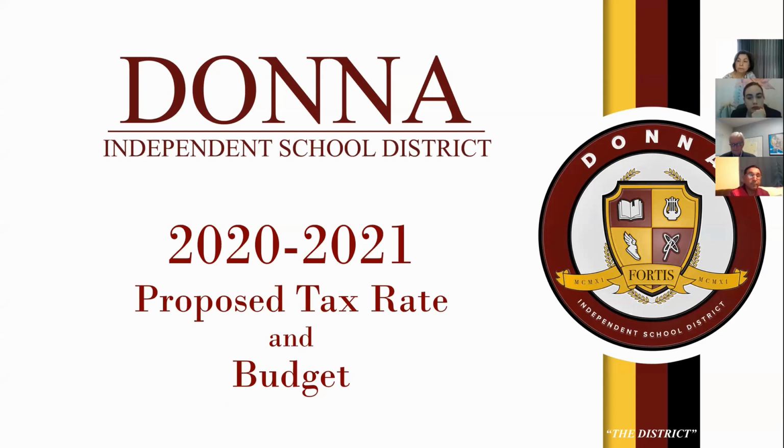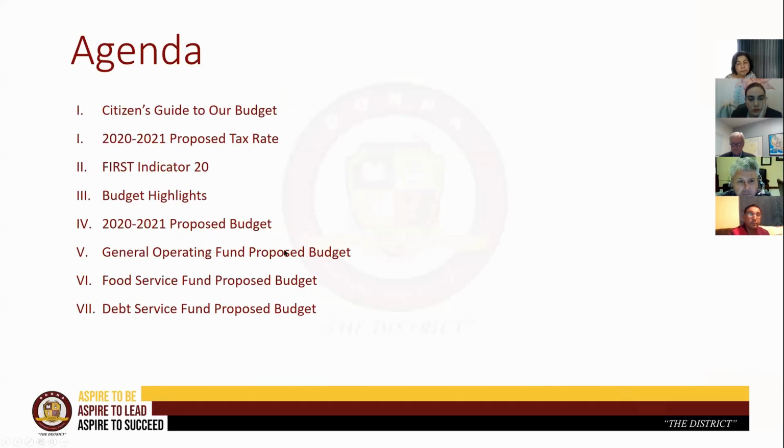Good evening, board members, ladies and gentlemen of the public. We're here for the 2020-2021 proposed tax rate and budget. Some of the items that we'll be discussing today is the Citizen's Guide to our budget, our proposed tax rate. We will review the first indicator, number 20.